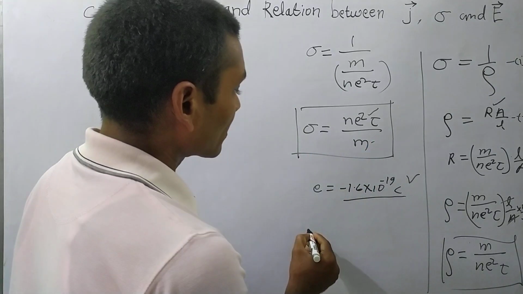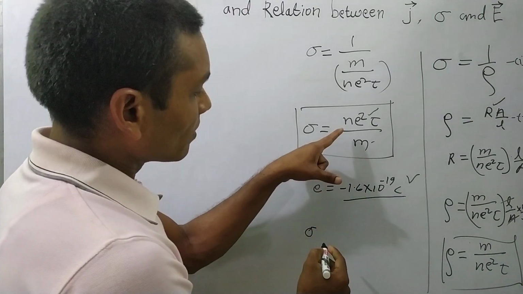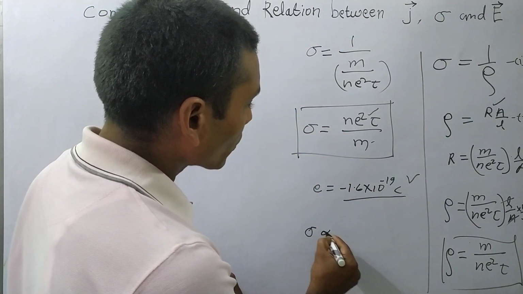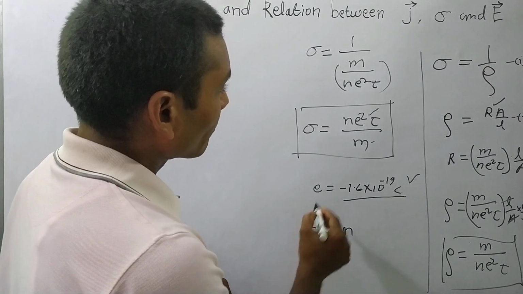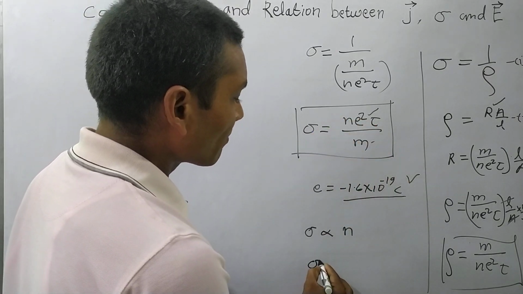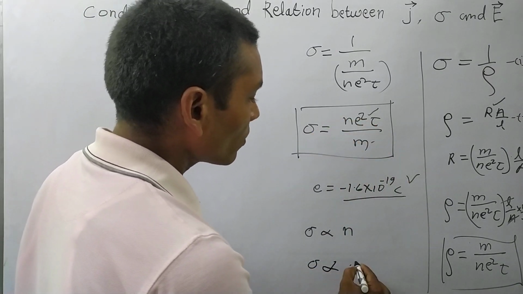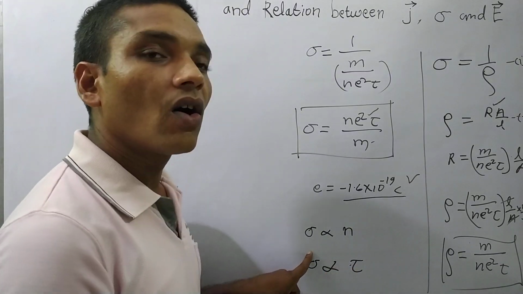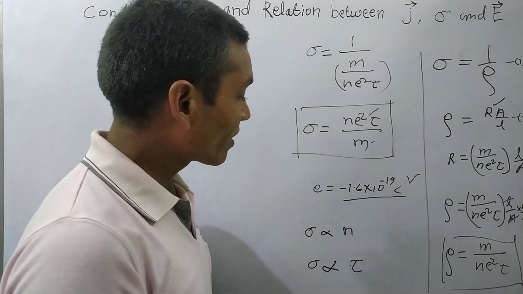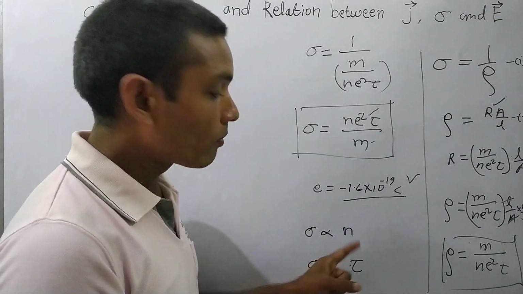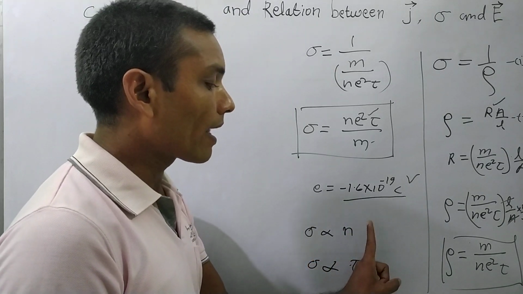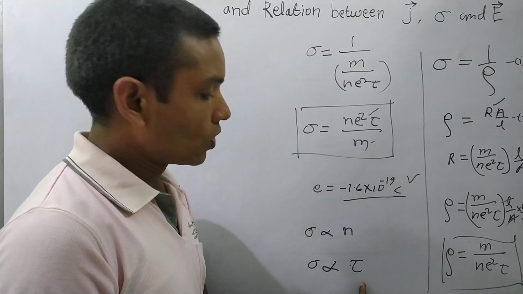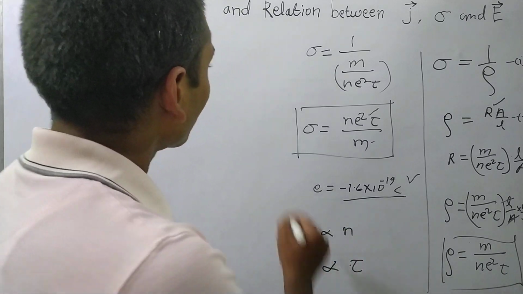That's why, from this equation, sigma is directly proportional to n, and sigma is directly proportional to tau. So the conductivity of any conductor depends upon two factors, n and tau. We will discuss these.